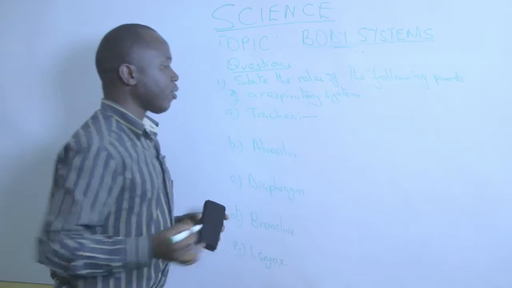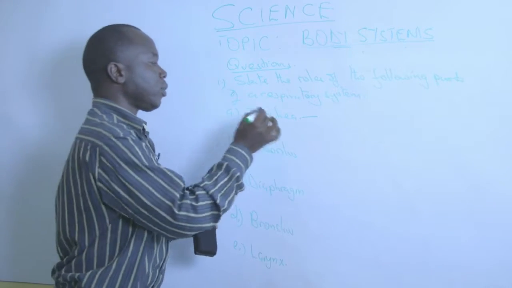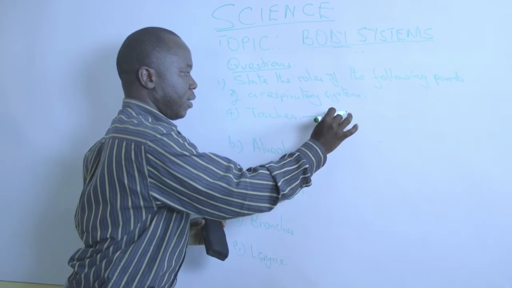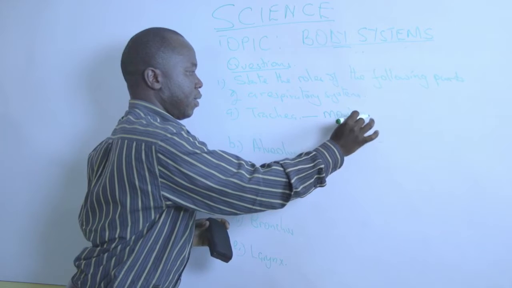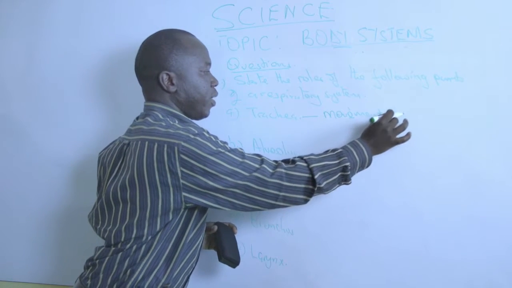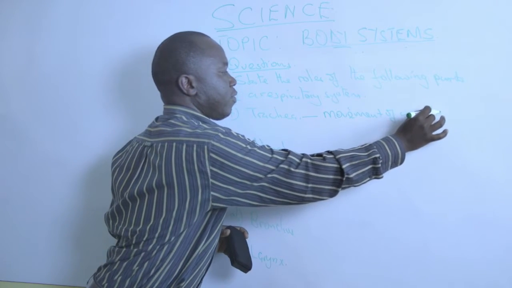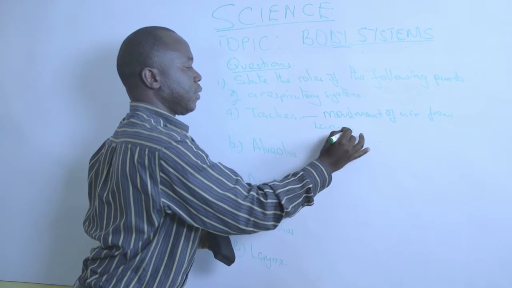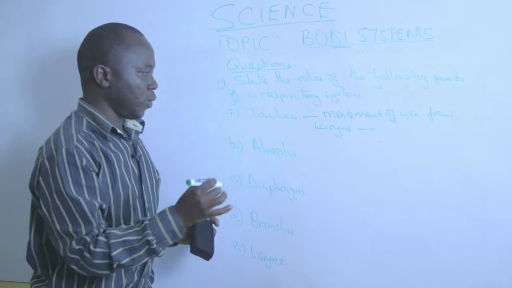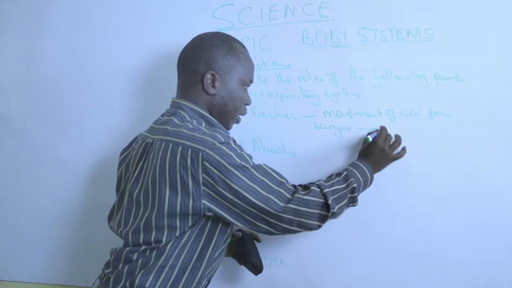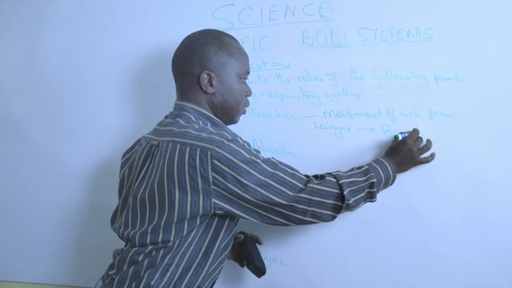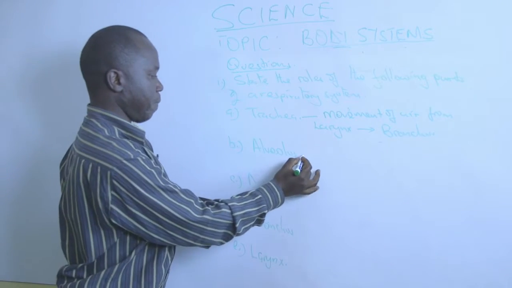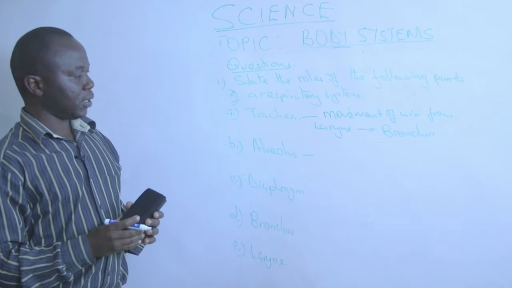We have said the role of trachea is to allow movement of air from the larynx to the bronchus, of course, which leads to the lungs. Alveolus.